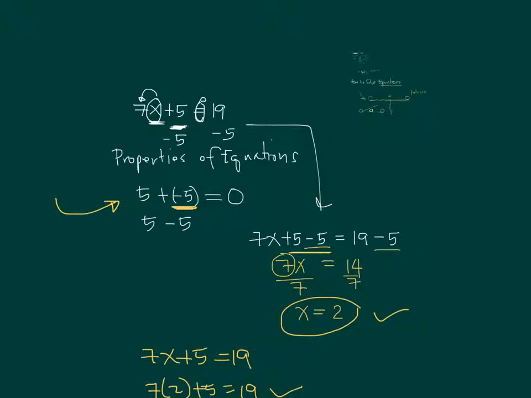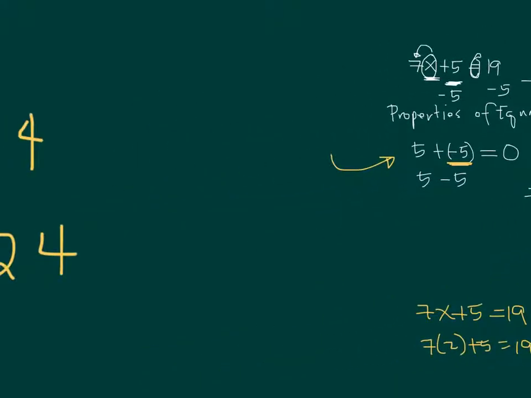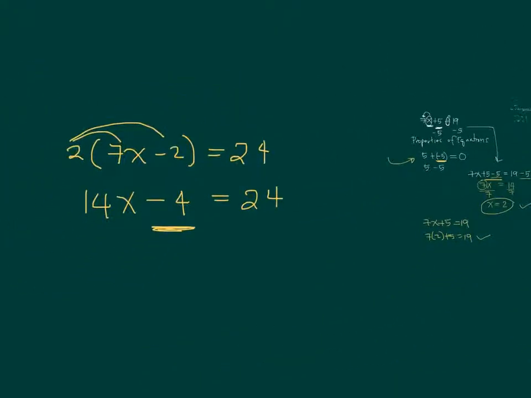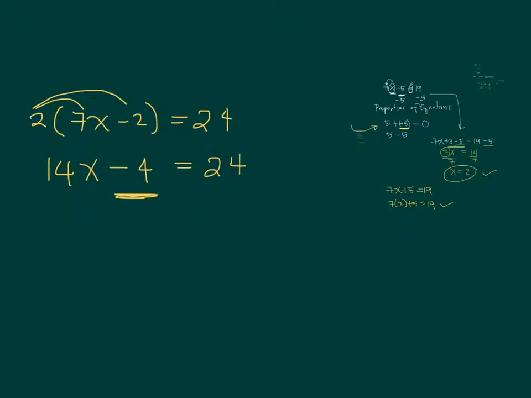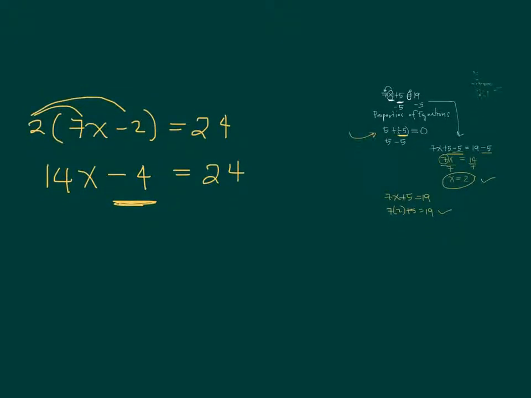But in our example right now, it's a minus 4. So what should I do on both sides? What should I add or subtract here on the left side so that we can zero out the minus 4?